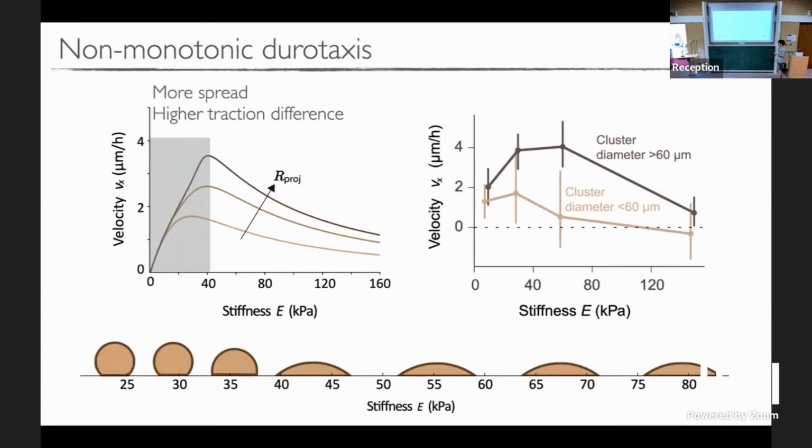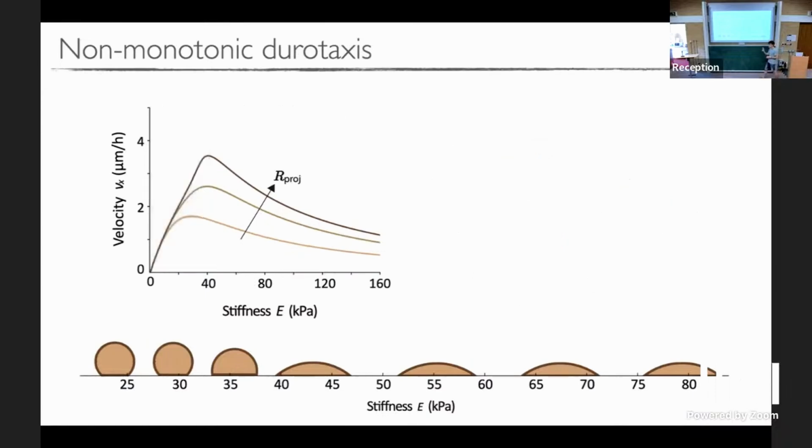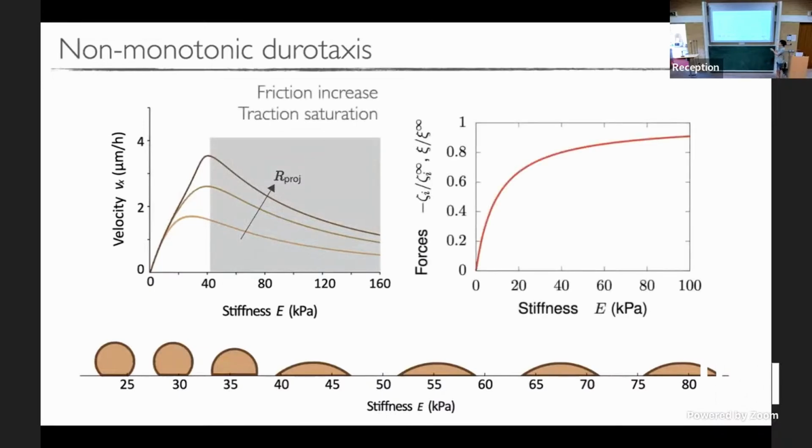Okay? Now the question is then, why does it decrease at even higher stiffness? And we think there are two reasons for that. So to understand this part, what we need to think about is this behavior of both friction and traction with stiffness. They both increase and then saturate. And so there are two reasons that make this velocity go down. One is that friction increases, and just that will slow down motion. That's one of the ingredients. And then the other ingredient, which is very important, is that the traction also increases, but then eventually saturates.